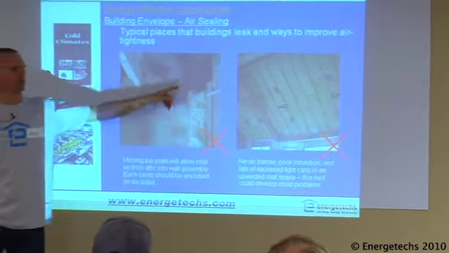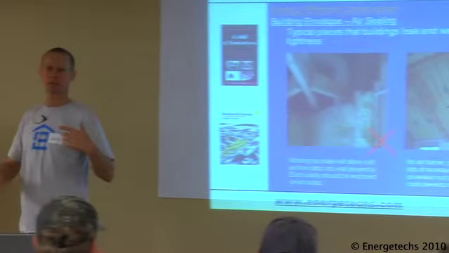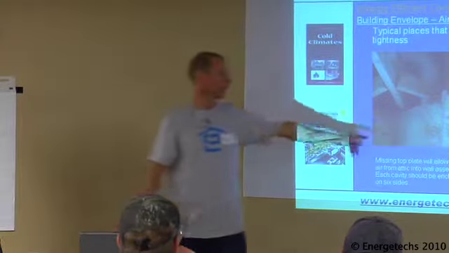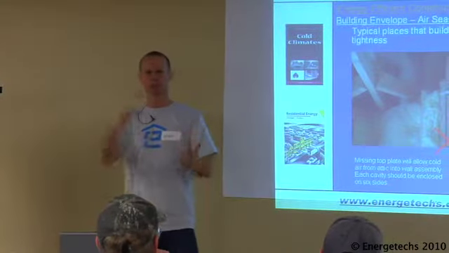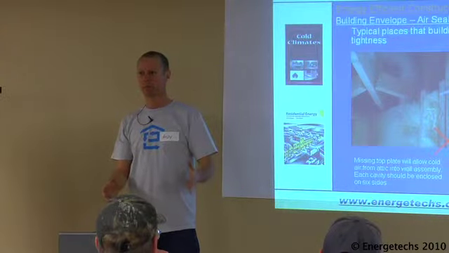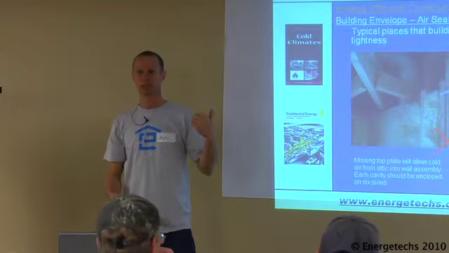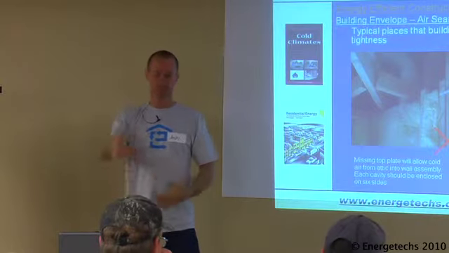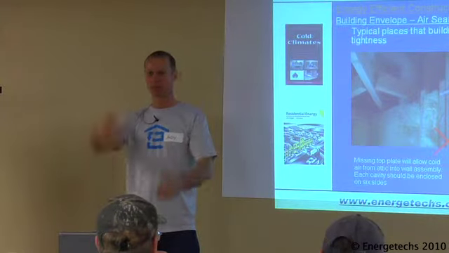This just brings up another point to think about, which is that each piece of cavity insulation should be enclosed on 6 sides. So front, back, top, bottom, and both sides. Okay? So a knee wall is a good example. You're up in an attic, you've got a framed wall, you've got drywall.